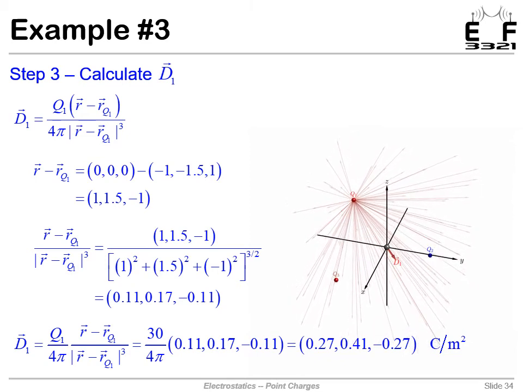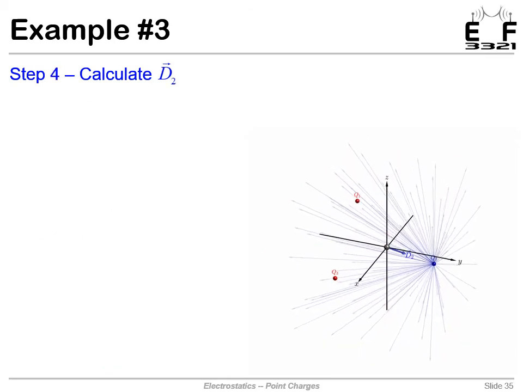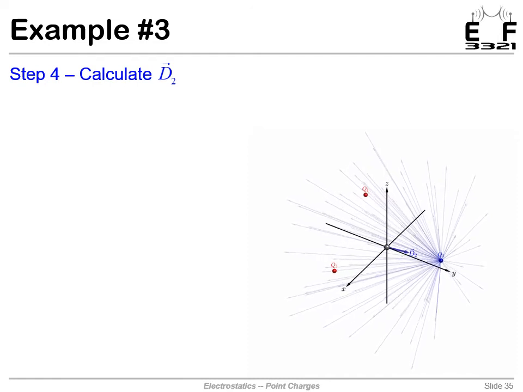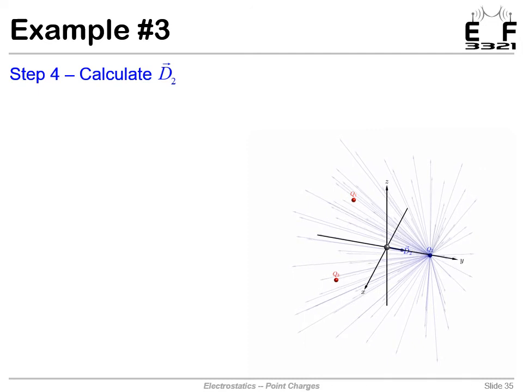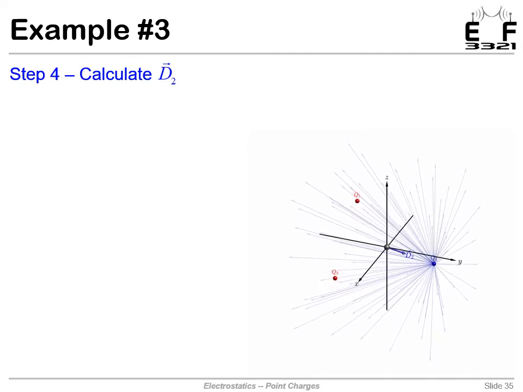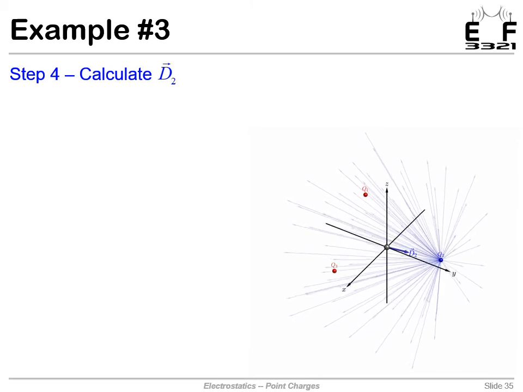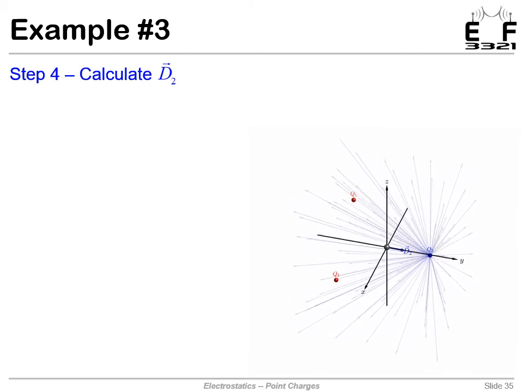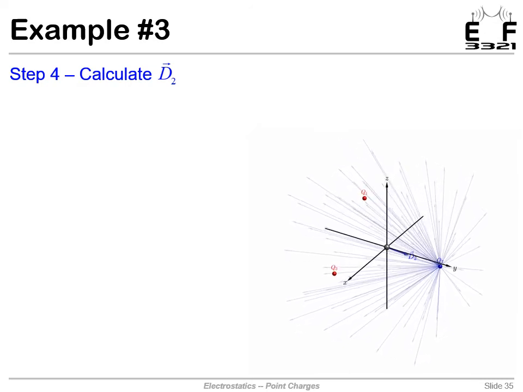We'll repeat the exact same thing for D2. So now we'll pretend that the only charge that exists is that second charge. And while I'm drawing those field lines with arrows as if they're emerging from Q2, I drew them being blue, so they're actually negative. So the actual direction is toward Q2. So rather than turn the arrows around, which I think would have made the picture a little bit more confusing, I just drew the lines as blue.